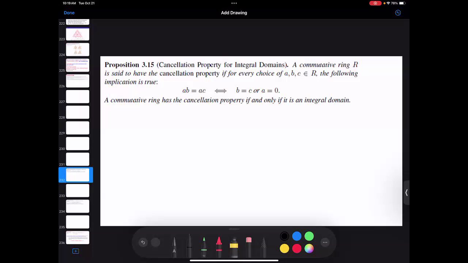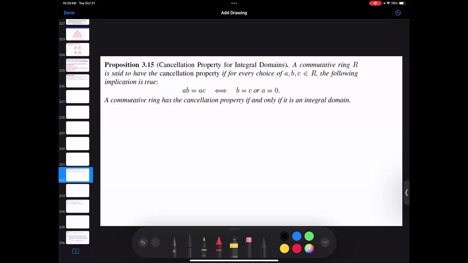The big deal is that if AB equals AC, then that implies either A is 0 or B equals C. And it turns out that a commutative ring has this cancellation property if and only if it's an integral domain. So that means there's two things to do. Show that if it's an integral domain, then it has the cancellation property, and show that if it has the cancellation property, then it's an integral domain.